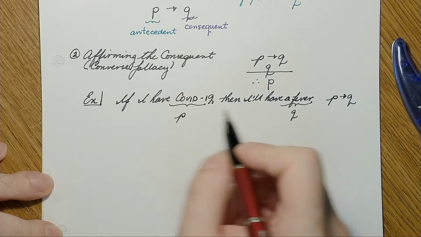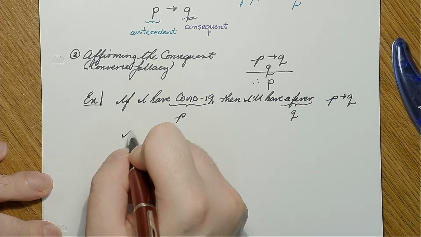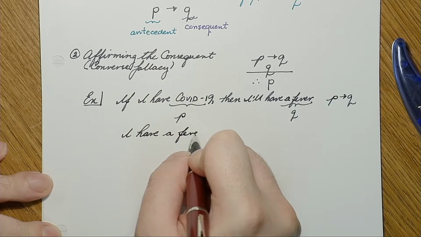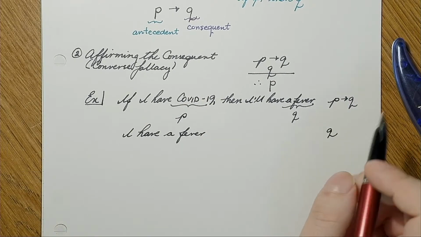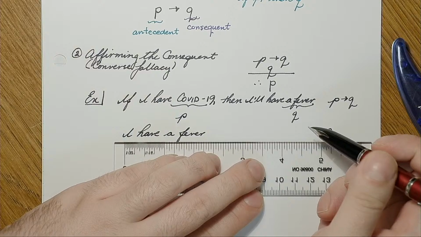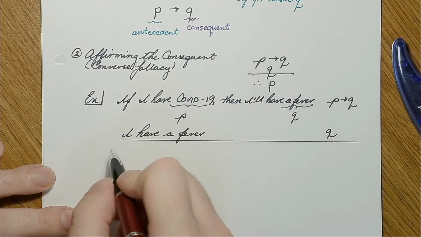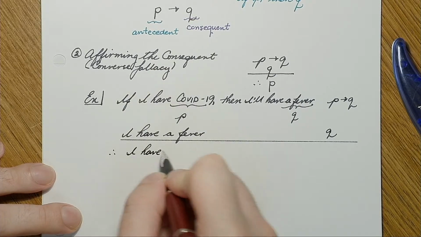Then we'll assert or affirm the consequent, which is I have a fever. Here's Q. Therefore, I have COVID.